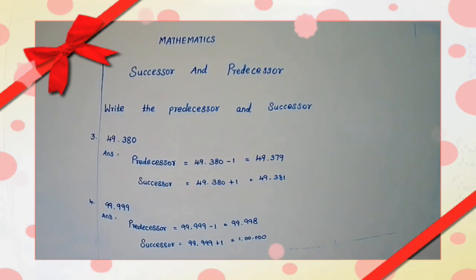This is very easy, yes, ma. Predecessor and successor. Predecessor means minus 1, yes. They are given some digits of number. We can get the successor of a number by adding 1 to it. Yes or no, ma? We can get the predecessor of a number by subtracting 1 from it.